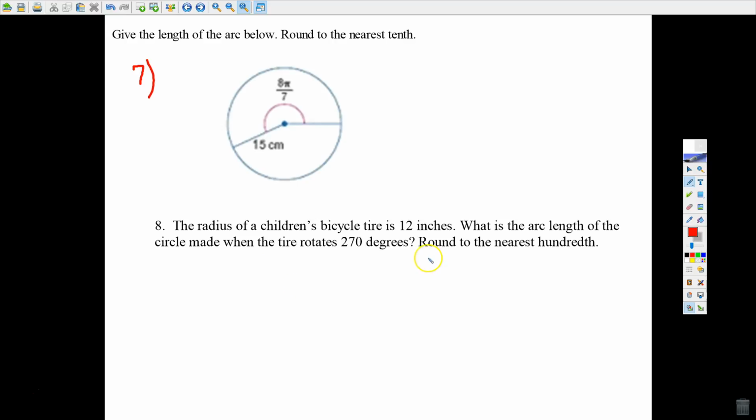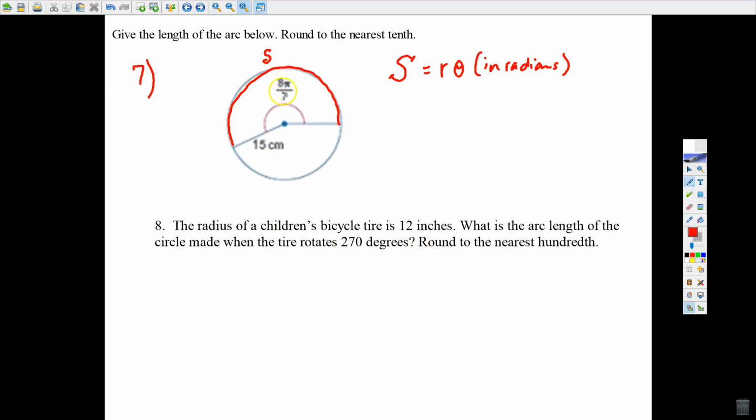All right, for number 7, we want to know the length of this arc. And if you forgot the formula, this is in our formula that's known as S. We find the length of the arc on a circle by taking the radius of the circle and multiplying by theta in radians. I want to stress that because that's really going to be helpful with number 8.